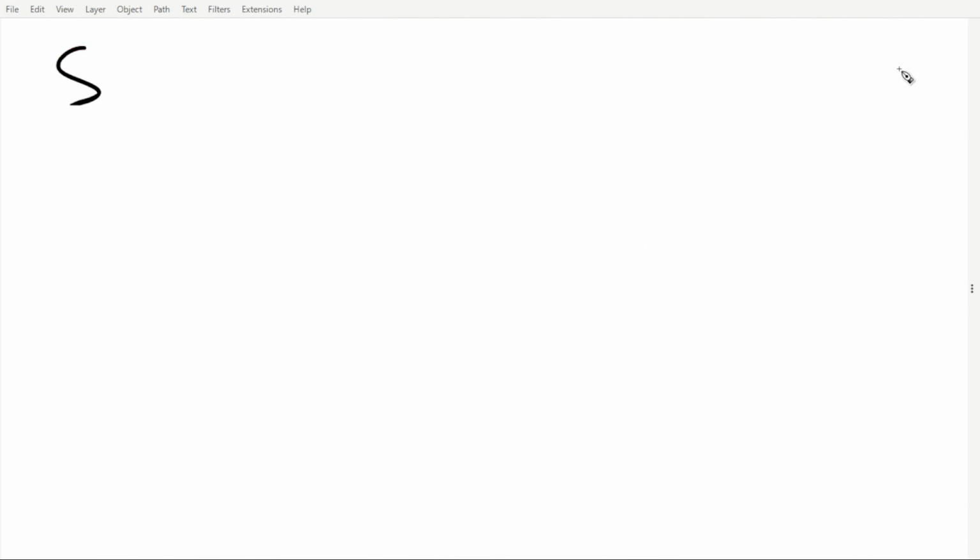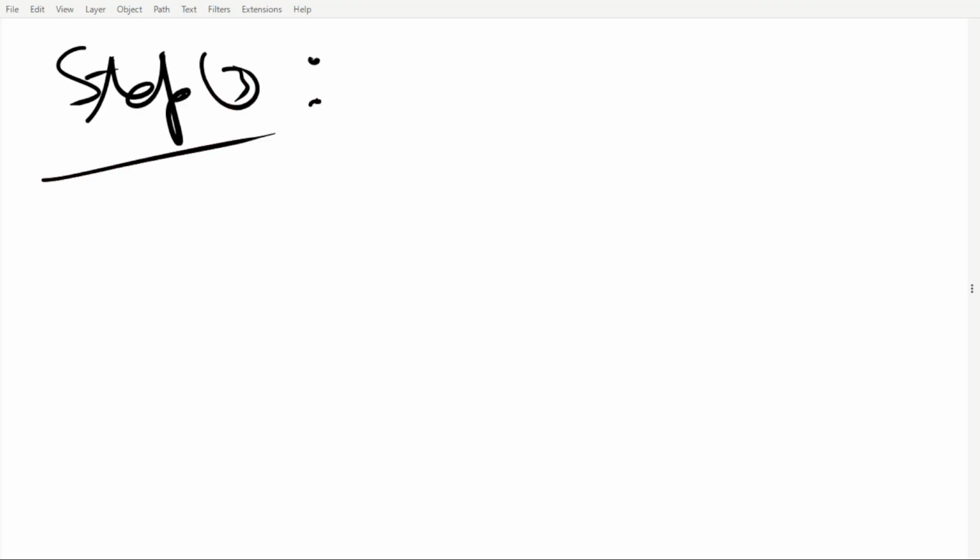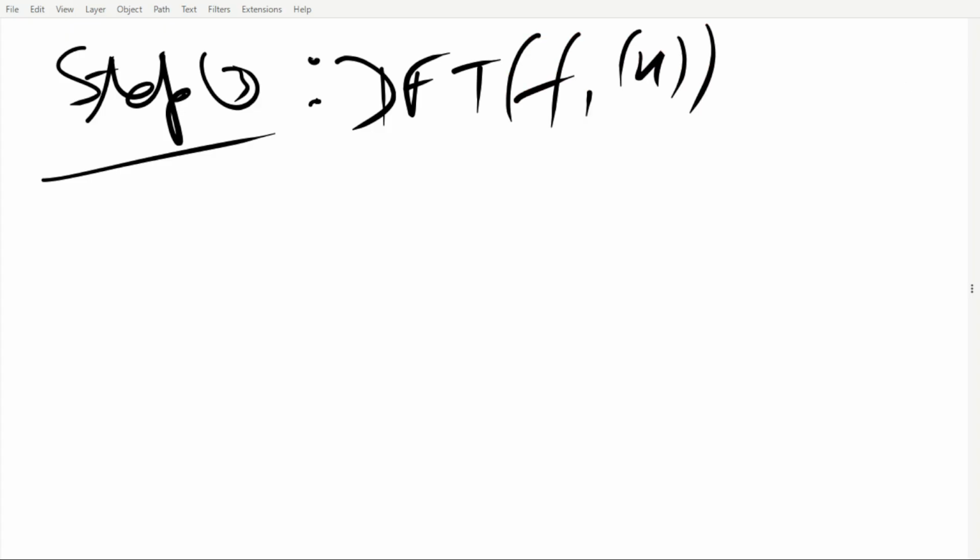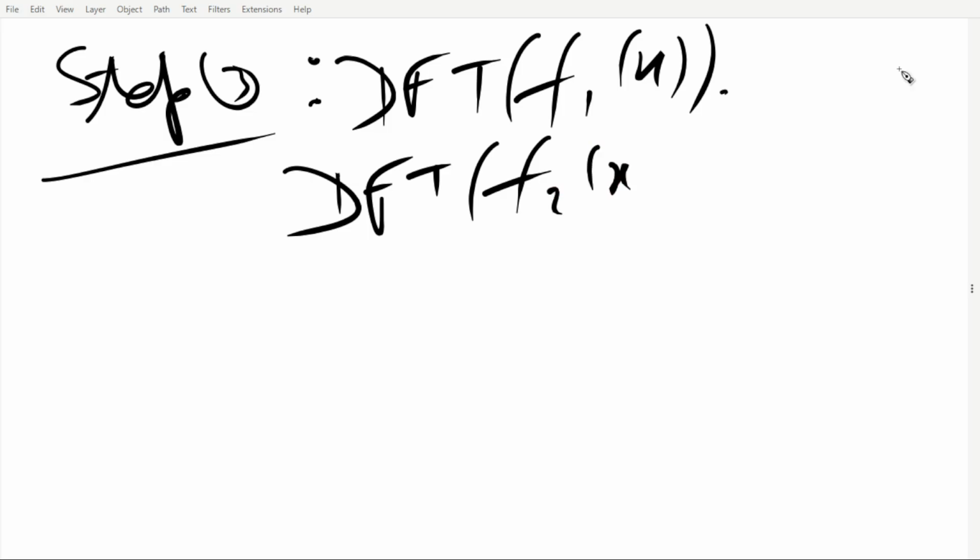So step 3, just simply multiply the two DFT values. DFT of f1(x), just pointwise multiplication, DFT of f2(x). Compute this as 3 multiplied by 5.